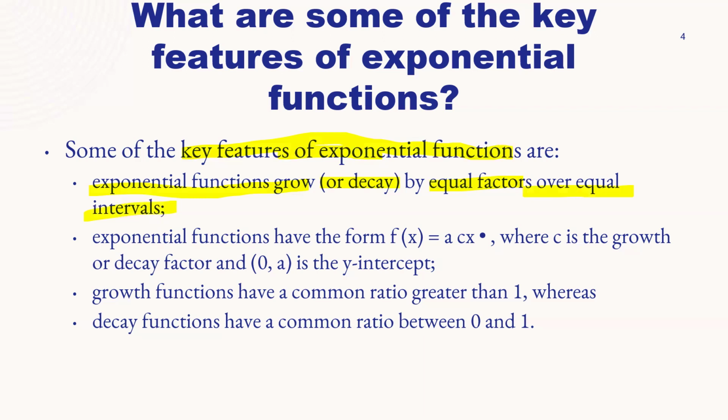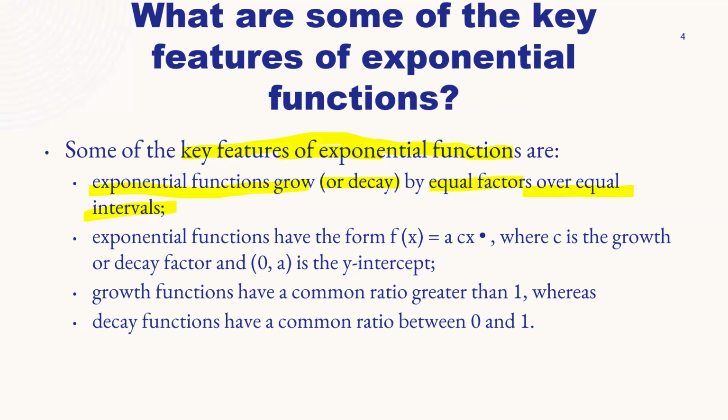A factor is something that you're multiplying by, right? So for example, if I have the number 6, 2 and 3 are factors of 6. Does that make sense? Because 2 times 3 equals 6. So when it says equal factor, that means that you are multiplying by the same number to get from one output to the next.